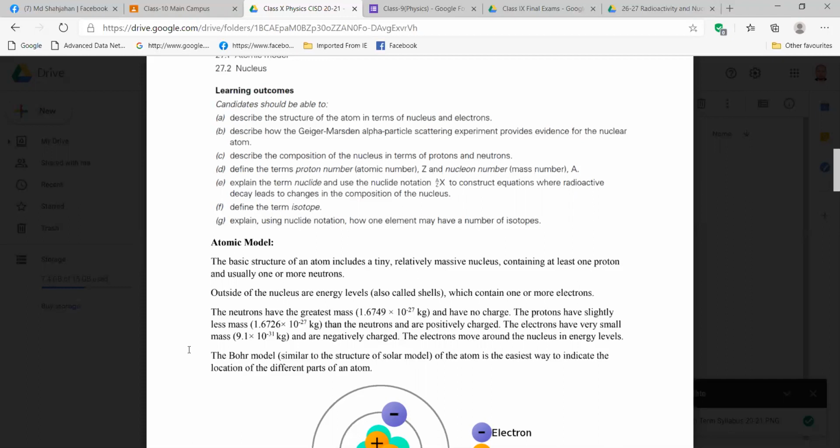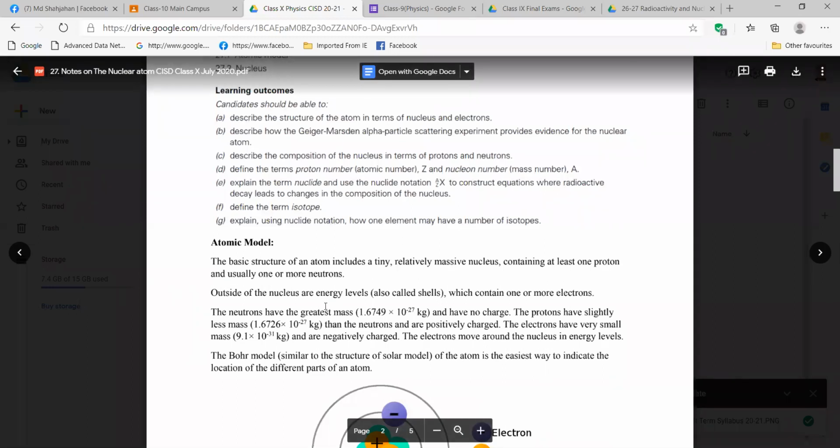If charges are equal, that means the same number of electrons and protons are there, because proton has positive charge and electron has negative charge, but the amount of charge is the same, that is 1.6 into 10 to the power minus 19 coulomb. So this way we are getting the charges.